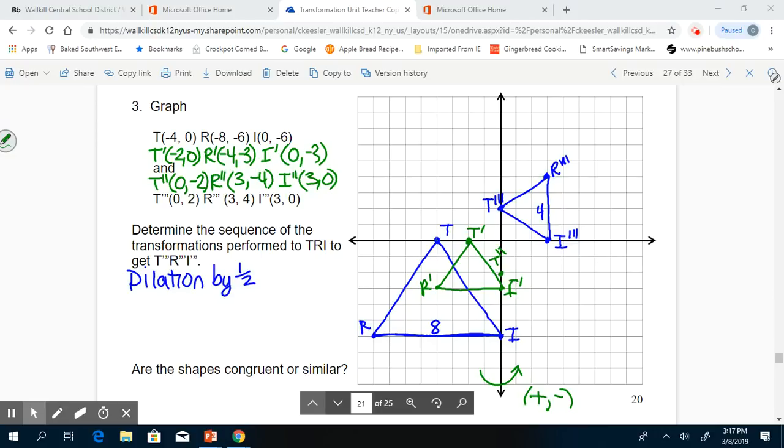R double prime is 3, -4, so right 3, down 4. And then I double prime is 3, 0, so right 3, stay at 0. So I double prime winds up being right on top of I triple prime. Draw your shape. So we did a 90-degree counterclockwise rotation.